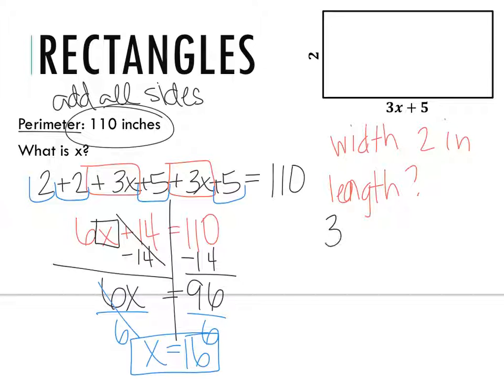So we're going to do 3, but in place of the x, I have 16. So if you plug that in your calculator, 3 times 16 plus 5, I have that the length is 53 inches. So in these problems, I want you to solve for your variable of what we don't know, but then also figure out what the width and the length of your problems are.